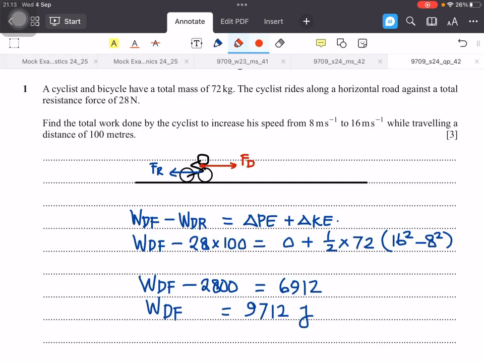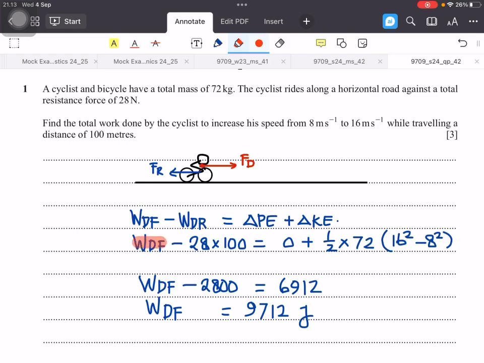So for this question, we are going to use the work and energy conservation formula. The formula is the work done by the driving force minus the work done by resistance is equal to the change in potential energy plus the change in kinetic energy.